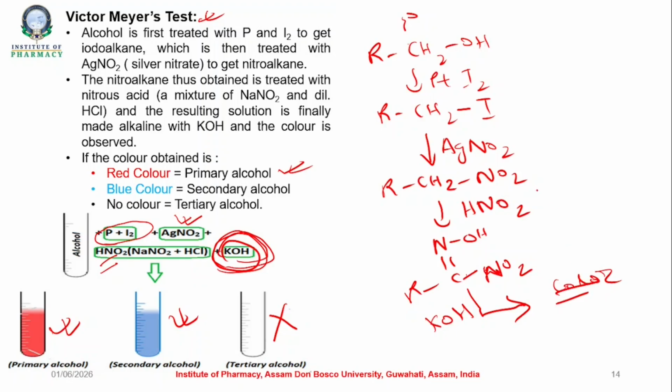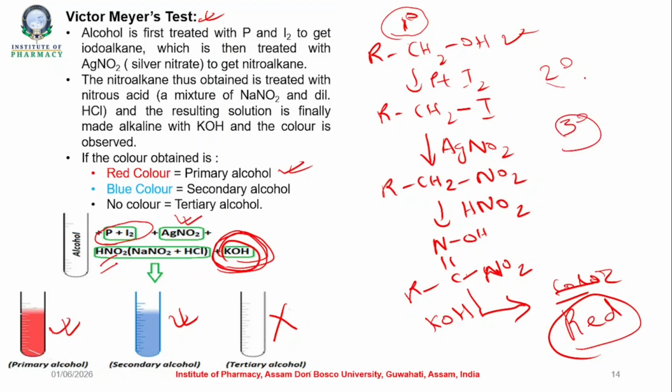Since we are talking about primary alcohol here, the color change in our case will be red. So this is one example of how the reaction proceeds for primary alcohol. Similarly, for secondary and tertiary, the reactions are similar. So the viewers can do this as a practice question.